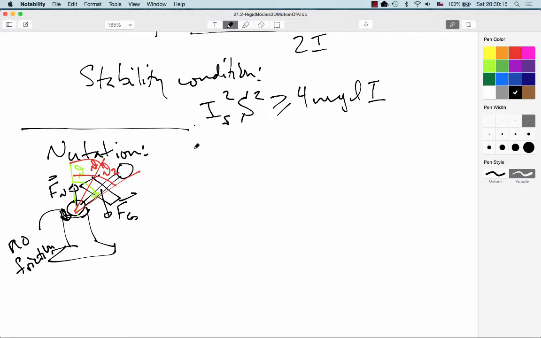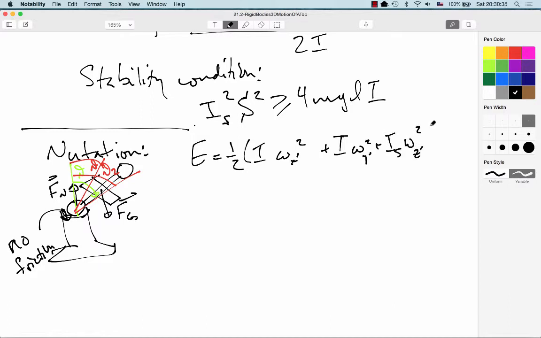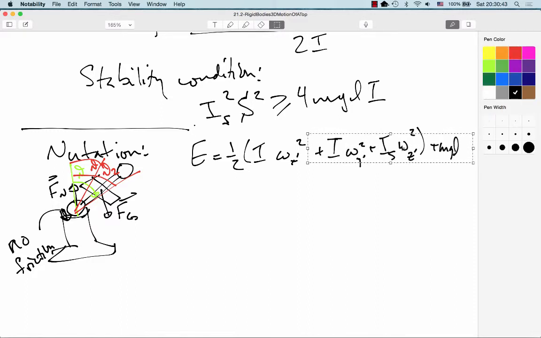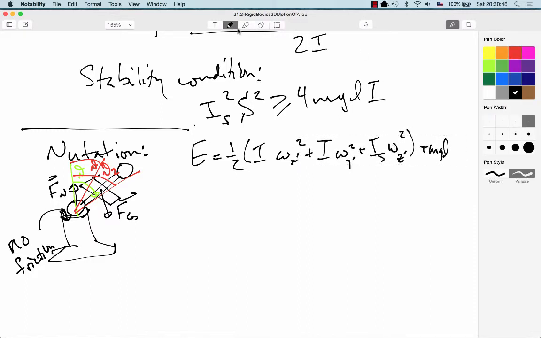Now if we look at the energy equation, the energy is going to be 1/2 I omega squared, so we can write that. That'll be I omega x prime squared plus I omega y prime squared plus I_S omega z prime squared plus the potential energy, mgl cos theta, and that has to equal a constant.